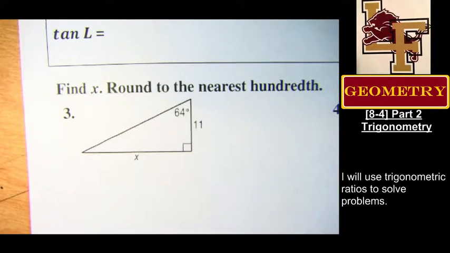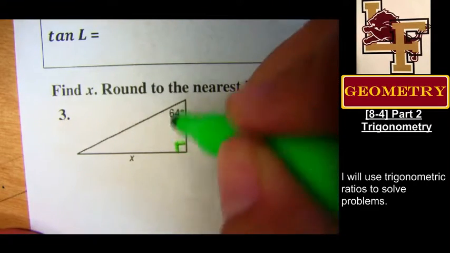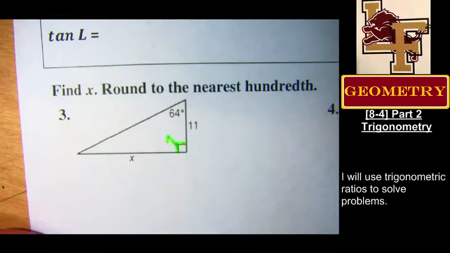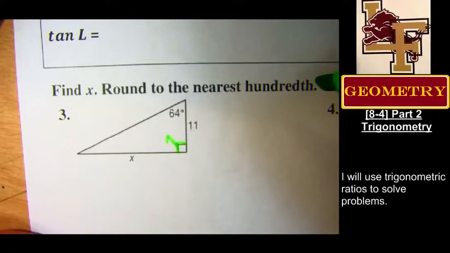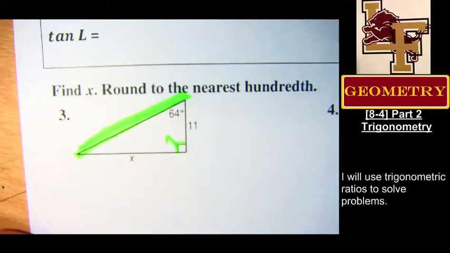All right. Number 3 on your homework. This is a freebie. You just got to follow along and copy. Here's our right angle. Where's our hypotenuse? The one opposite from the right angle, the one that doesn't touch it.